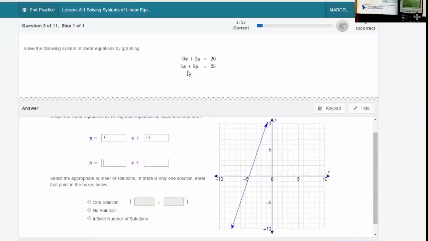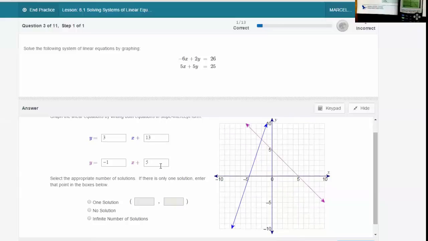If I take 5x plus 5y equals 25, move my 5x over, that leaves me with 5y equals -5x plus 25, divide by 5, and I find y is equal to negative x plus 5. Now I can't just put negative there. You're going to have to put a -1 in there because it won't accept it. So you can put a -1, and then we're going to put 5.